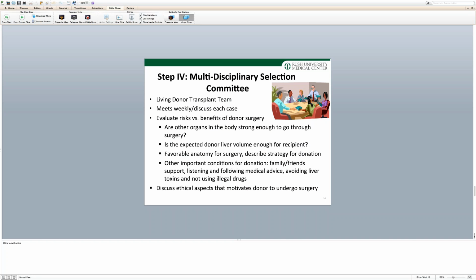Also, for adult-to-adult living donor transplant, other conditions are discussed, like family and friend support, how the patient listens to and follows medical advice, and whether the patient is using any toxins or any illegal medication. Also, very important during this step is to discuss among the members of the team all the ethical aspects that motivate the donor to undergo surgery.